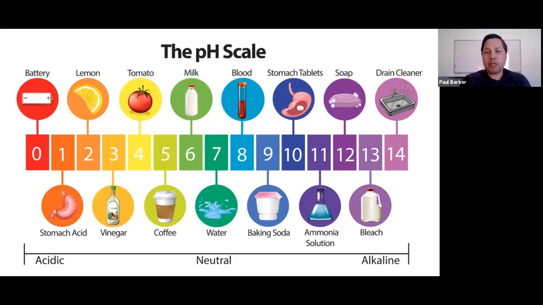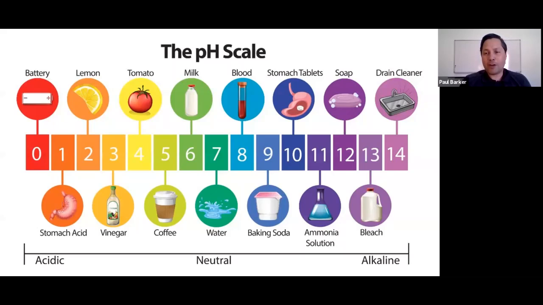So number 8, blood, and then followed by baking soda. Stomach tablets like antacids will be number 10. Ammonia solution, which is used for cleaning, is number 11. Soap is number 12. Bleach is number 13. Now, you may have noticed that you have baking soda, ammonia, bleach, soap. A lot of cleaners are basic. And finally, all the way on the far right, you'll find drain cleaner.